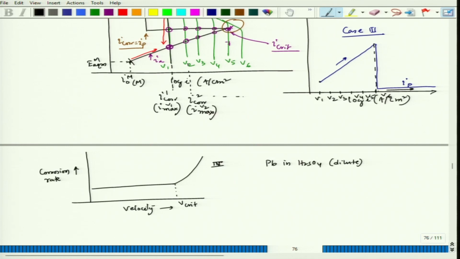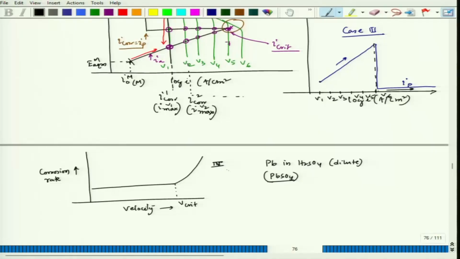Okay. So, initially at a low velocity, lead forms lead sulphate on top of it, which actually protects the material from corrosion, but as the velocity is increased, there could be a possibility that the layer which protects the lead can get dislodged due to the erosion effect, and once it gets dislodged at a higher velocity, and if that velocity is maintained, it will not be able to reform, and when the reformation is not there, the lead would dissolve at a very high rate.